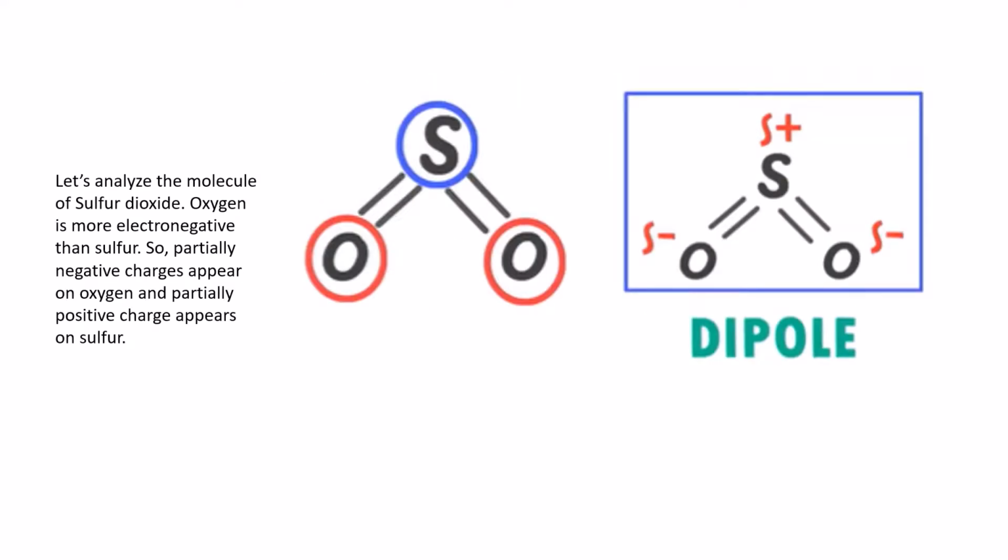Let's analyze the molecule of sulfur dioxide. Oxygen is more electronegative than sulfur, so a partially negative charge appears on oxygen and a partially positive charge appears on sulfur.